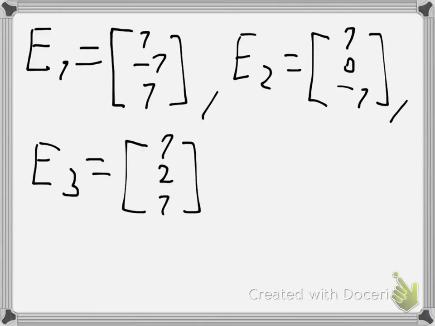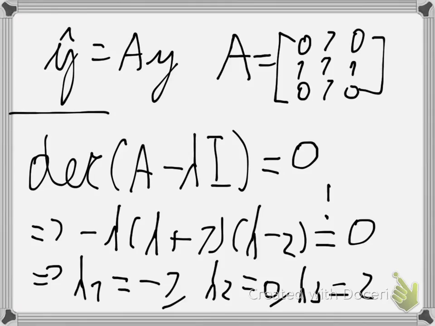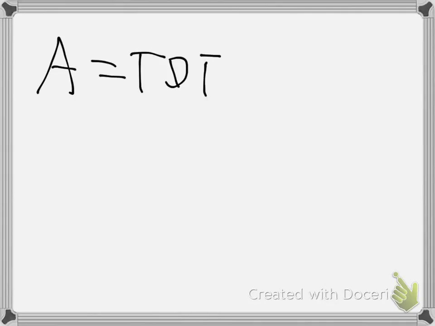And so we can write our diagonal matrix. Basically our goal will be first to write our matrix A in the form T D T inverse, and then we will be able to find the general solution of that system of differential equations.